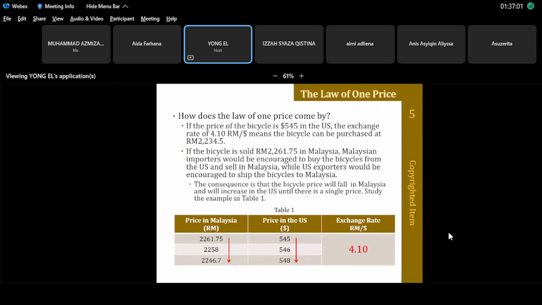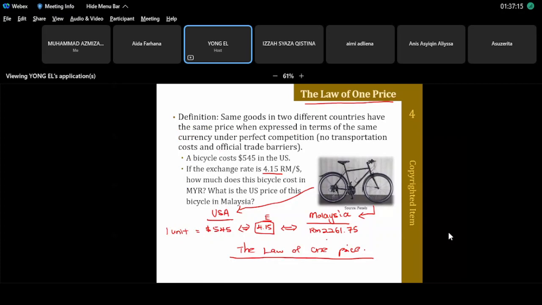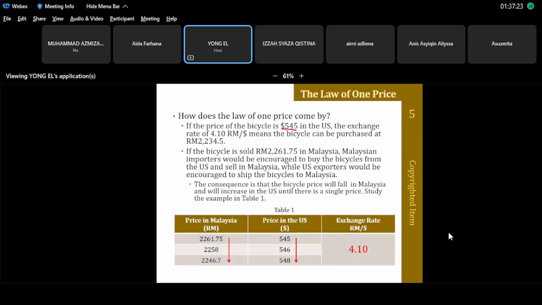Just now, we considered the example of the bicycle at the price of 545 in the United States. Previously, our price in Malaysia is 2261 and the exchange rate is 4.15. In this explanation, we use a different exchange rate at 4.10 right here. With this exchange rate, if the law of one price applies, then the price in the United States will be the same as the price in Malaysia.